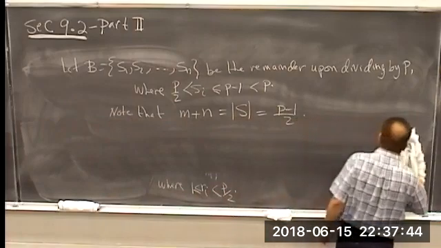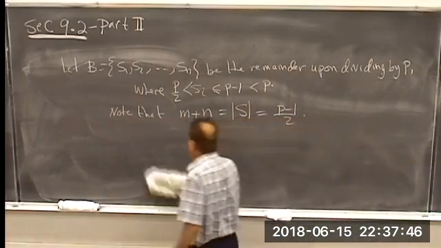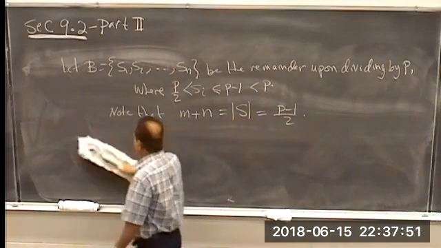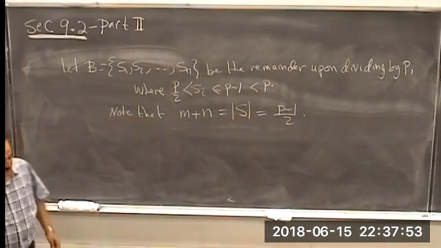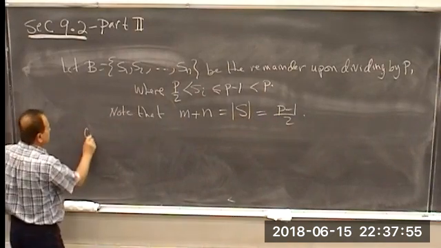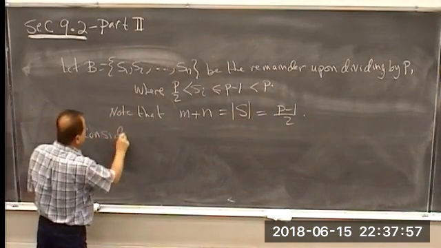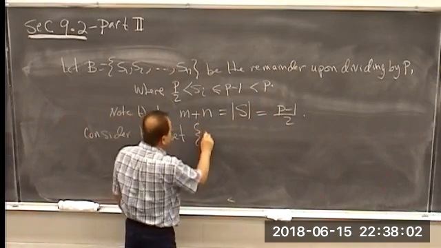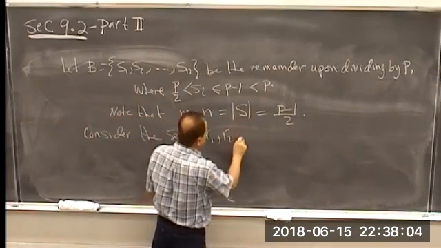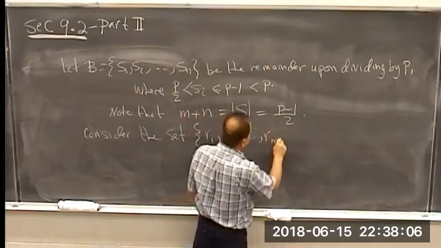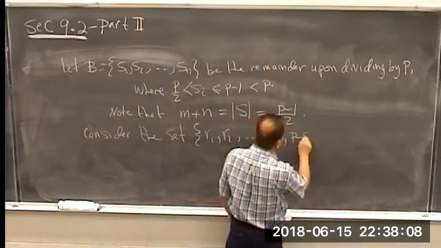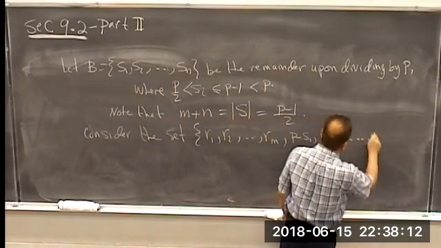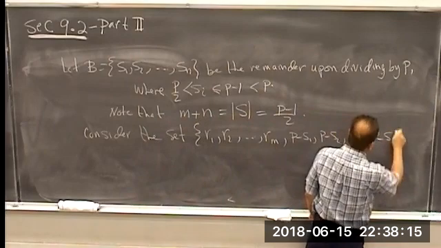Now we're going to consider a set which combines A and the elements obtained by subtracting the Si's from the prime p. We're going to consider this new set: R1, R2 up to Rm, and p minus S1, p minus S2 up to p minus S sub n.